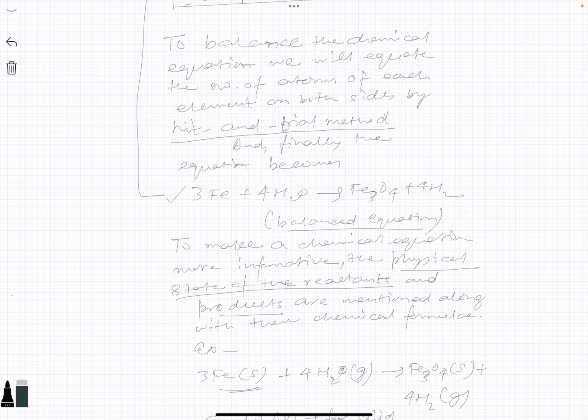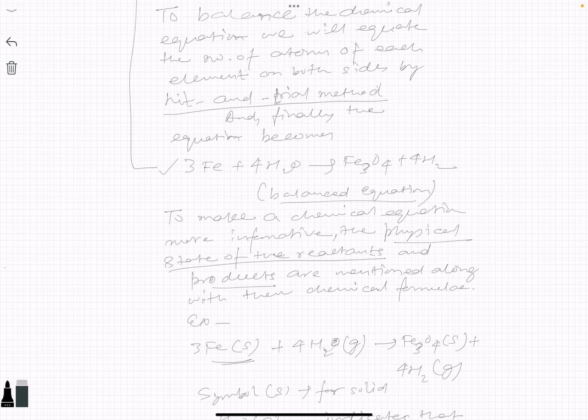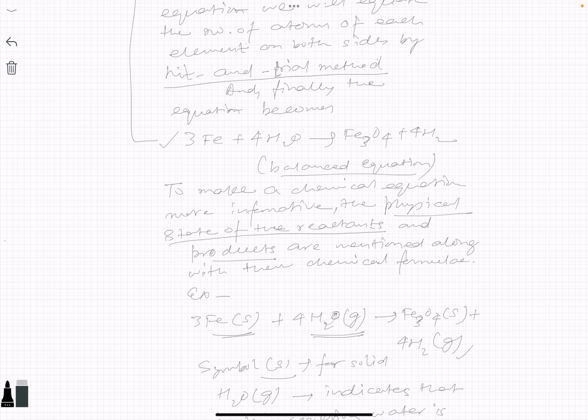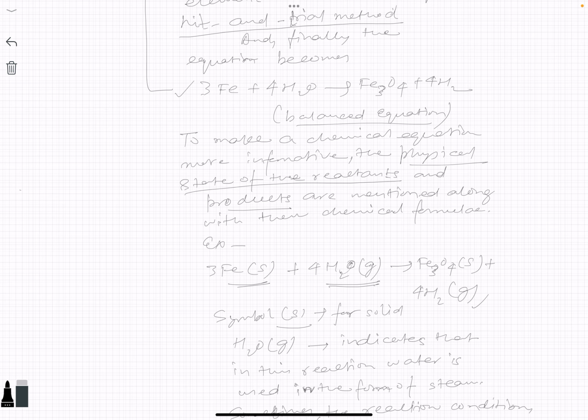H2O is in gaseous state, that means it is steam, water vapor, written as gaseous state. Fe3O4 is solid and H2 is in the form of gas. The symbol g for H2O indicates that in this reaction water is used in the form of steam.